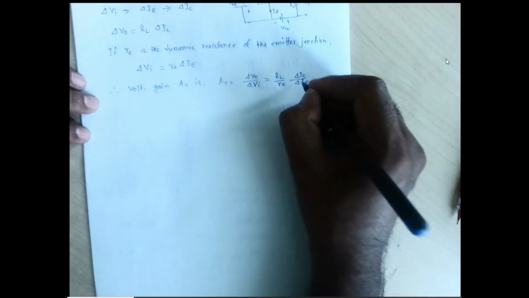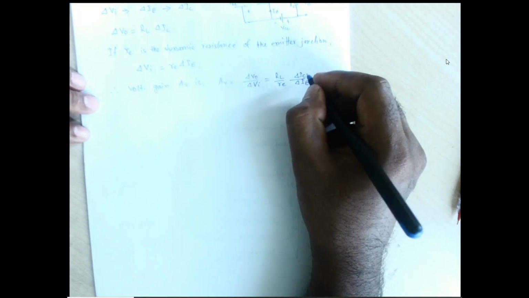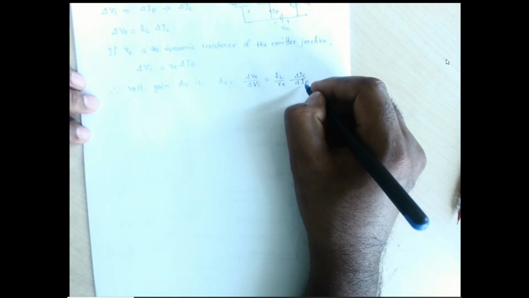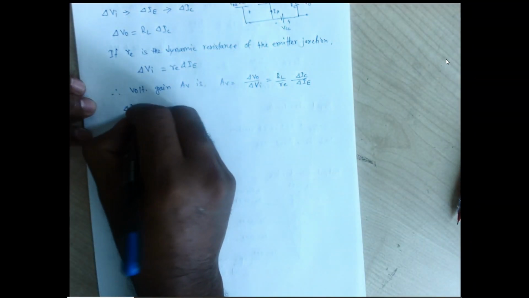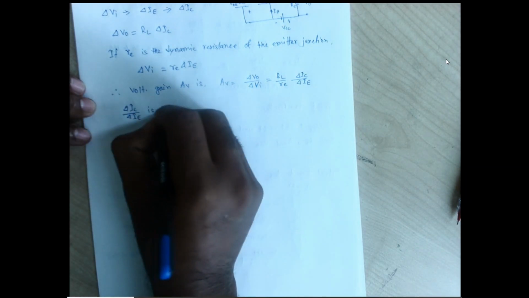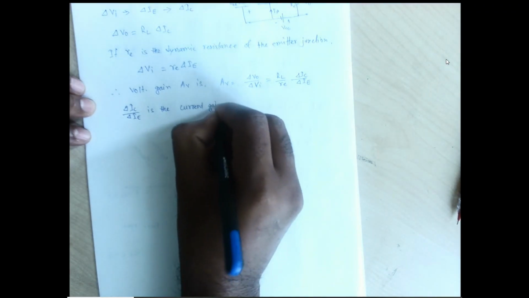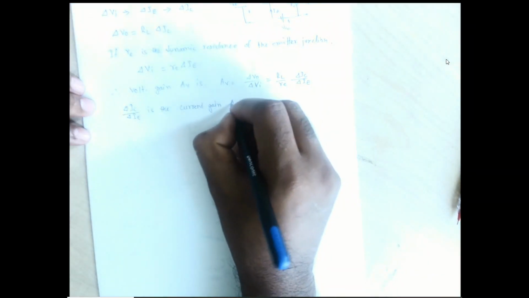So what is this del IC by del IE? It is the current gain, IC by IE, output current over input current. Del IC by del IE is the current gain, which is represented as AI of the transistor.